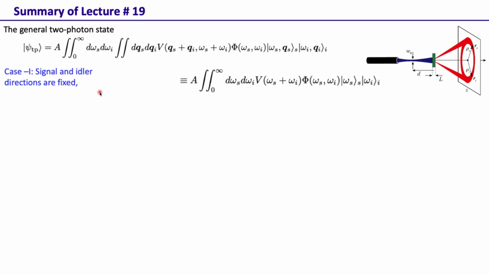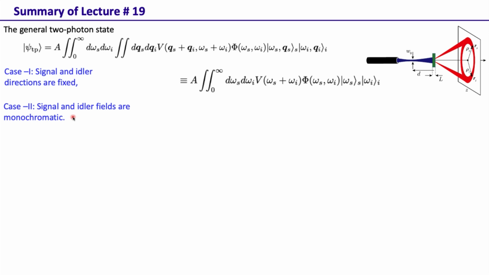We looked at two special cases of this. One is when the signal idler directions are fixed, that means QS and QI each take only one value, so the photons go in a particular direction. In that case, the two-photon state can be written as just a double integral over frequencies.